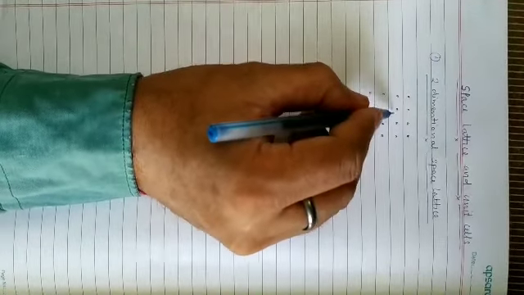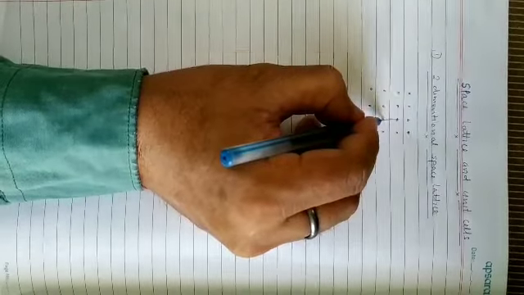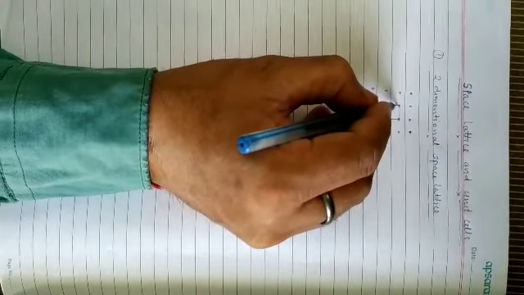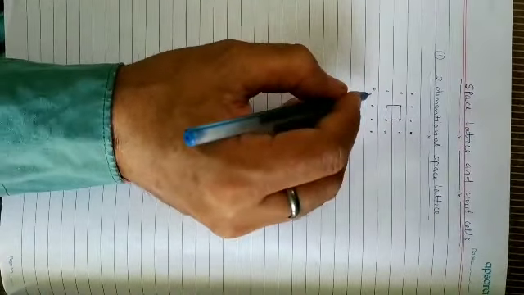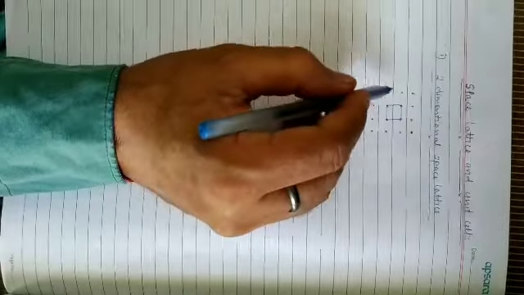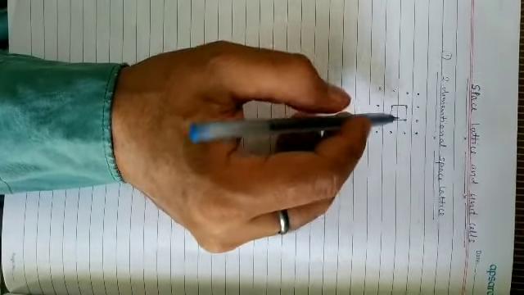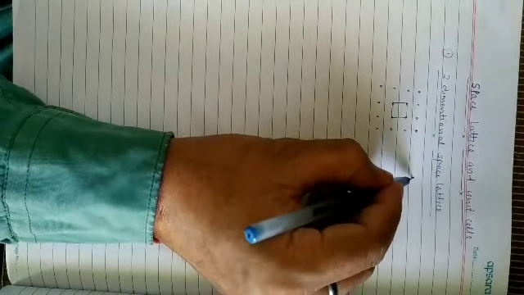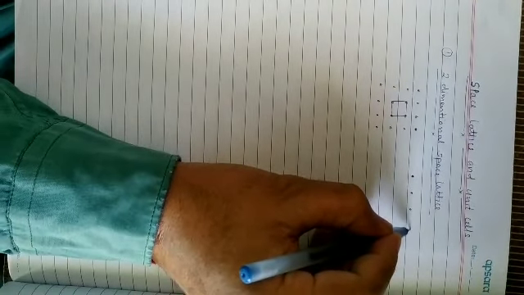For example, if you join the nearer points, it will result in one particular two-dimensional shape like a square. So you can say that this is a square lattice, because this whole lattice is generated by the repetition of this square shape. Similarly, you can have another two-dimensional lattice.